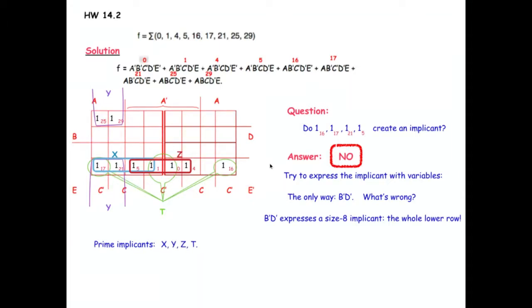Okay, so as it is, without any hypotheticals, we have 4 prime implicants. All are big, all have 4 ones in them: X, Y, Z, and T. Now, are all of them essential?